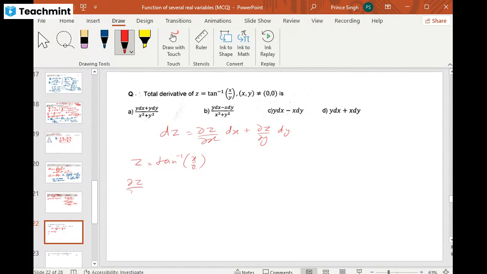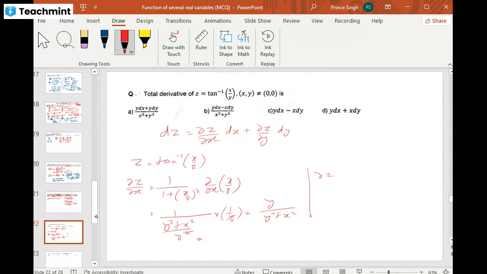Curly z upon curly x means firstly derivative of tan inverse, 1 upon 1 plus x square into curly y curly x of x upon y. If we take the LCM, y square plus x square upon y square into 1 upon y. So y power gets cancelled out, so its value is y upon y square plus x square.